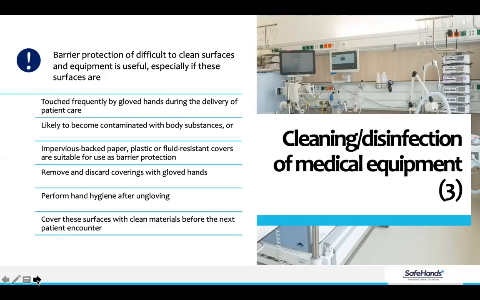Plastic or fluid-resistant covers are suitable for use as barrier protection. Remove and discard coverings with gloved hands. Perform hand hygiene after ungloving. Cover the surfaces with a clean material before the next patient encounter.